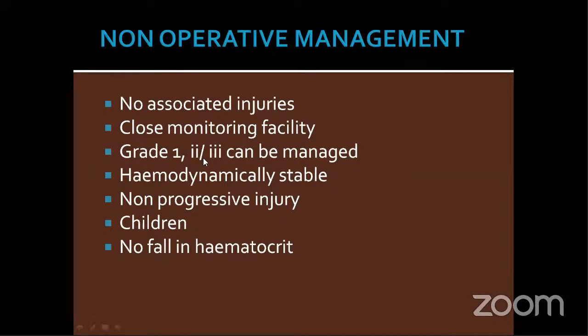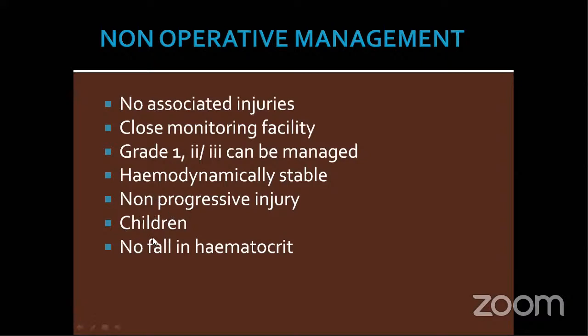Grade 1, 2, 3 can be managed in a hemodynamically stable patient in a conservative, non-operative manner. Also if it is a non-expanding hematoma or non-progressive injury: suppose you do a CT scan today, the patient is hemodynamically stable, and day after tomorrow you repeat the CT scan and the size of the hematoma is the same, then also you can go ahead with non-operative management.